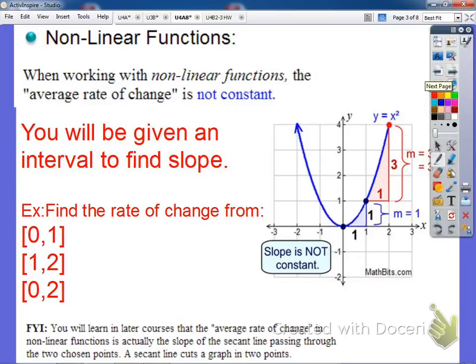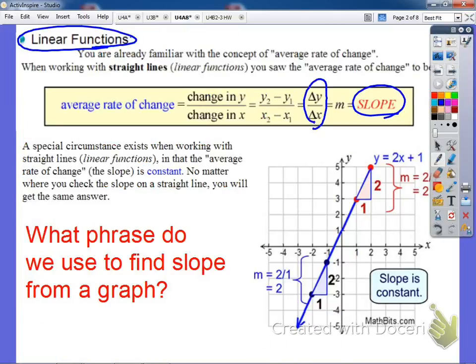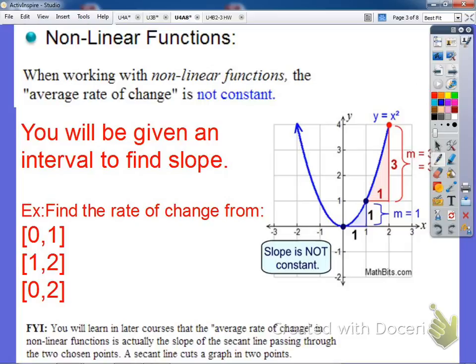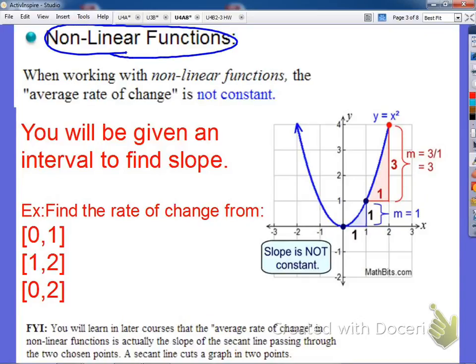The change in y over the change in x, y2 minus y1 over x2 minus x1, the rise over the run. Okay? We also began discussing how to find the average rate of change for nonlinear functions. That was the previous lesson.